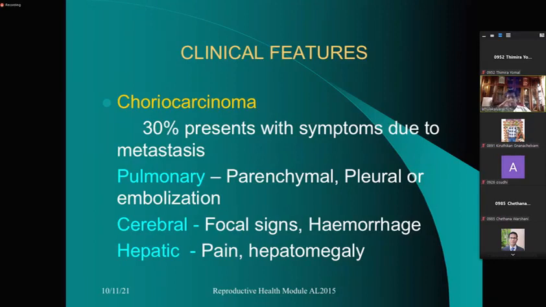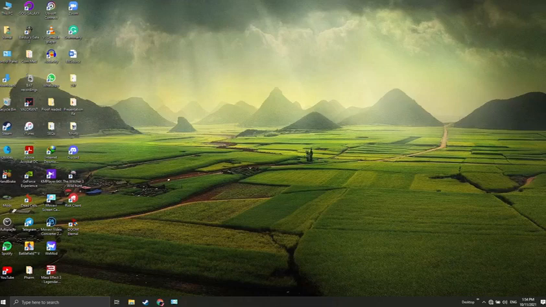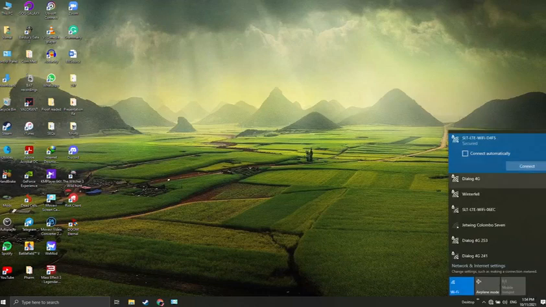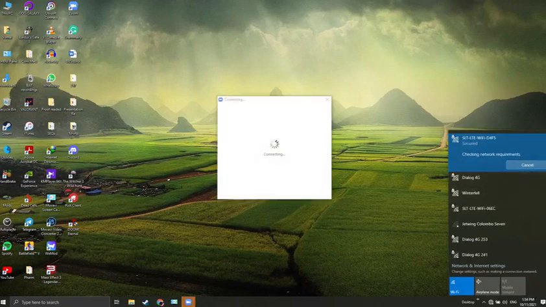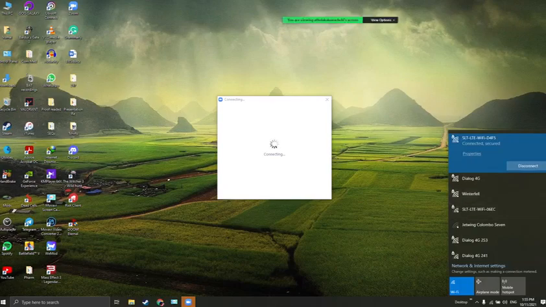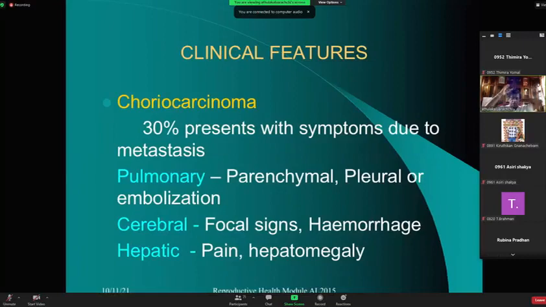And when they present with this malignant condition, you can have sometimes spreading to the cerebrum, causing focal signs.